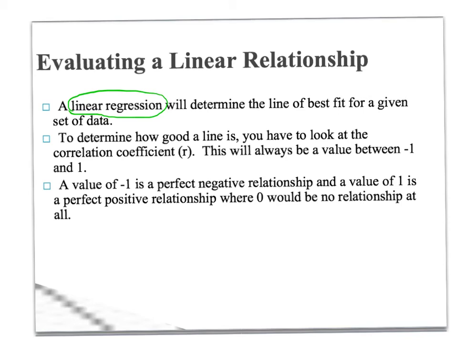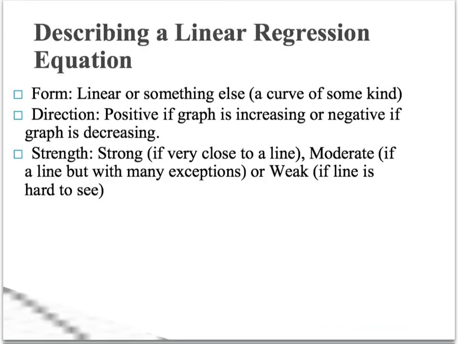Okay? So as a reminder, we describe a linear regression equation using those same descriptions that we use for a scatter plot. Form being linear, or possibly something else, like a curve. Direction, positive if it's increasing, or negative if it's decreasing. And strength, being strong if we see a correlation coefficient of 0.8, 0.9, that would be considered pretty strong.